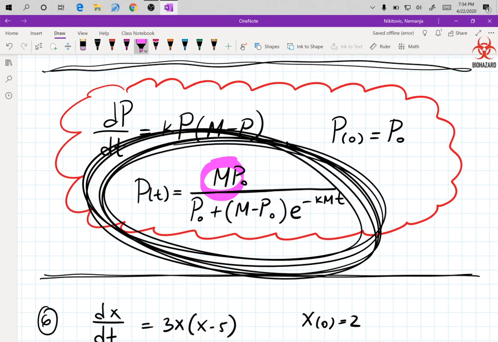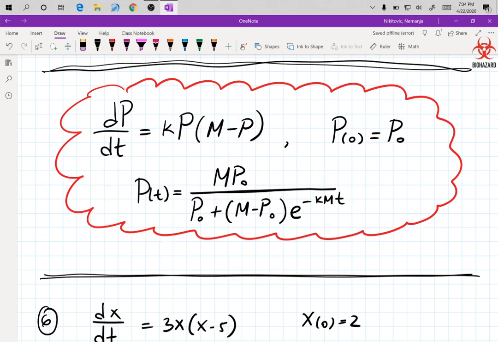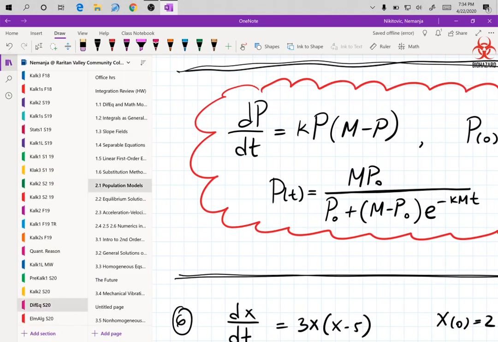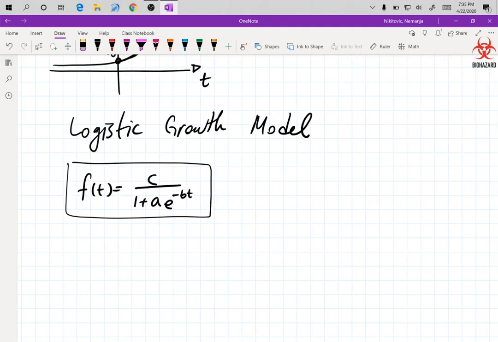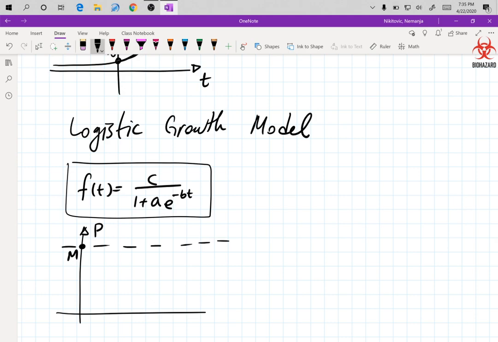This m is called carrying capacity. And that's the carrying capacity we talked about 2 seconds ago, when I said that there is a maximum amount of people that the planet can sustain. So, when you see the graph of the logistic model in the book, it's going to have this horizontal asymptote, and that's going to be that m you guys saw in that equation over there.